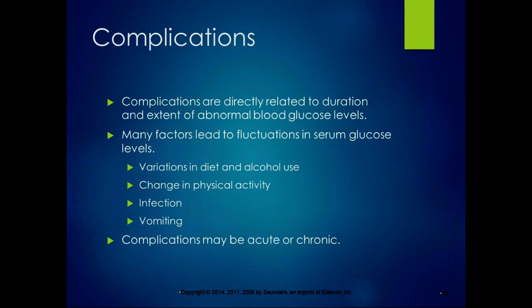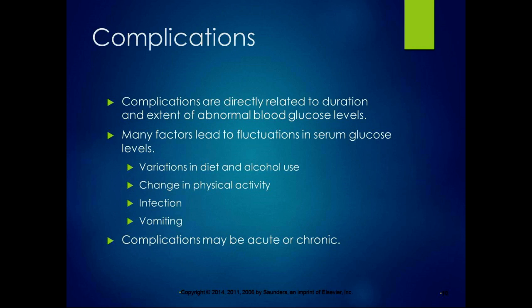A lot of times you'll meet people who think that they can eat whatever they want and just adjust their insulin amounts to control their diabetes. Well, they end up getting a lot of highs and lows. So they have more complications because there's more extent of abnormal blood glucose levels and sometimes more duration. So they have to use diet and exercise and insulin and their other oral medications to control it as a whole.